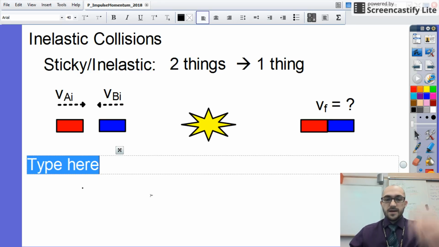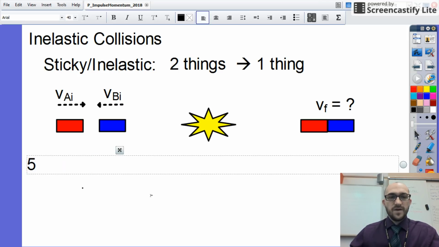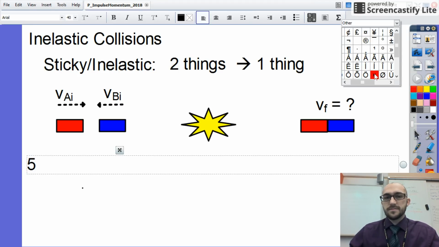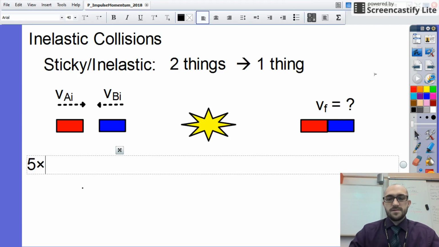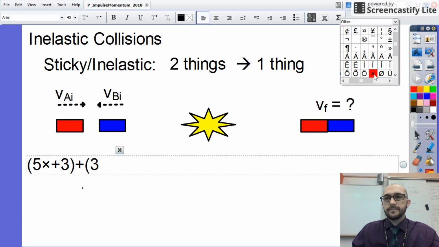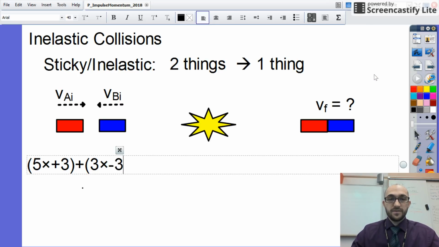So let's say that we have a 5 kilogram object, and it's moving at positive 3 meters per second, plus a 3 kilogram object moving at negative 3 meters per second.